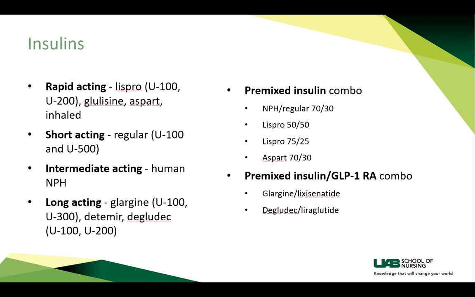Again, the intermediate acting requires typically a 2-time-a-day or BID dosing, and that is because of the duration of action of NPH insulin. It does require the 2-time-a-day dosing because it only lasts about 12 to 16 hours.